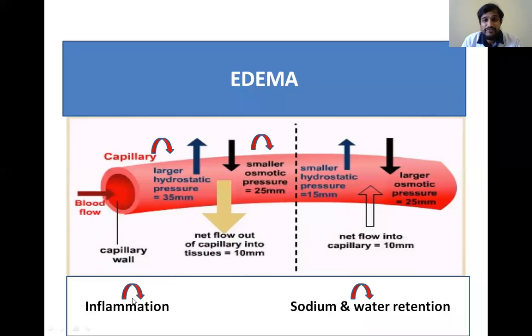And apart from that, inflammation. In inflammation also, there will be increase of hydrostatic pressure, which leads to outflow and edema. And in sodium and water retention also, more water is retained, which is accumulated in the tissues, which leads to edema. So in this way, different mechanisms are there for different diseases for formation of edema or accumulation of fluid in the tissues.